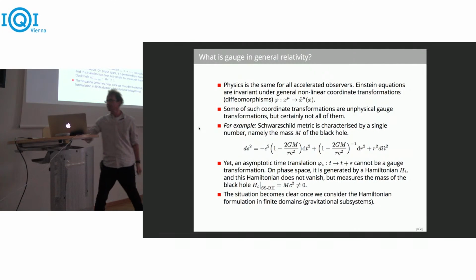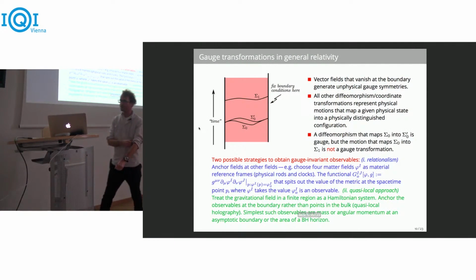More concretely, the situation is the following. Consider the gravitational field not in its entirety. So I'm not considering the gravitational degrees of freedom in all of space-time. Consider a finite region, like a cylinder in space-time. So this is a region on space times time. And now you can ask, what coordinate transformations, or diffeomorphisms in mathematical language, are now gauge transformations?